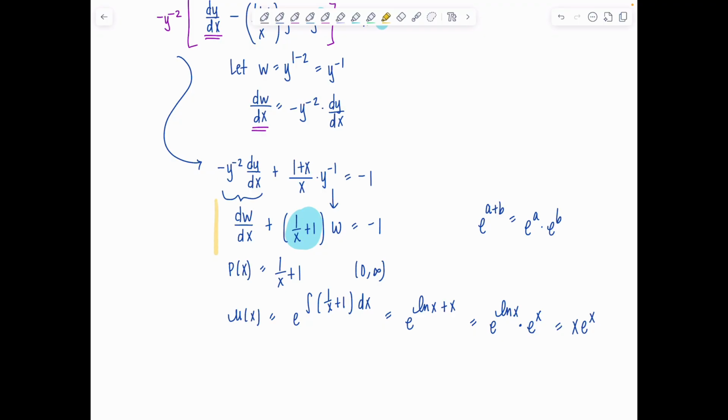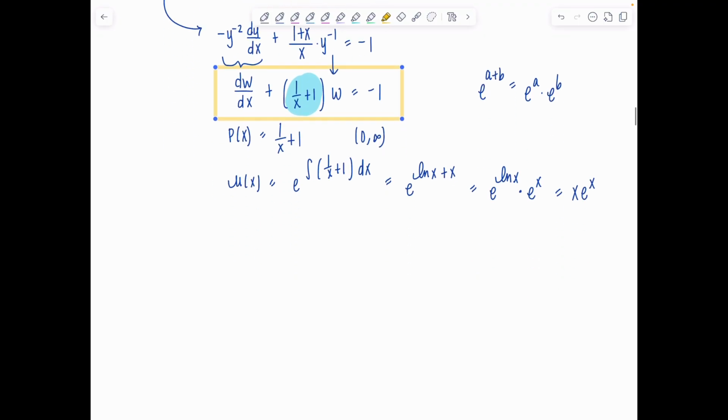So what do I do once I have the integrating factor? You come back to this step here and multiply everybody through by mu. So we will have x e to the x dw/dx plus, now if I distribute an x through p of x, it's just going to become 1 plus x, and then we've got e to the x times w equals negative x e to the x.